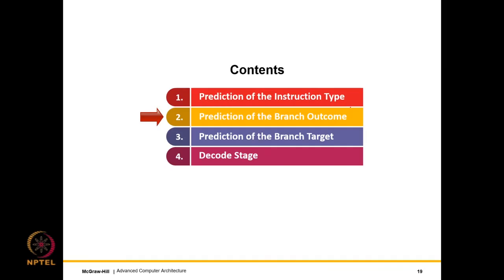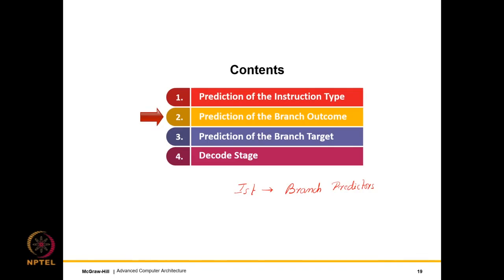Now let's move to the next problem, which is predicting the branch outcome. This is built on similar principles. We will essentially extend the IST to create similar predictors, built on similar principles.